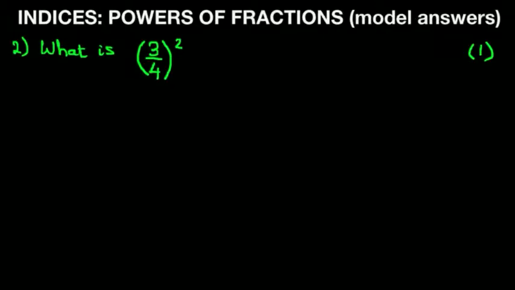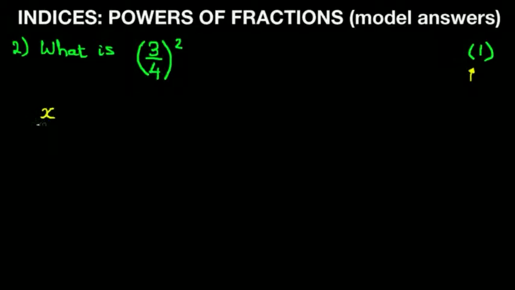Let's move on to our next question. Number 2. What is 3/4 to the power of 2? Again, the first thing to notice is that this is a 1-mark question. So again, let's write the formula out. It's good practice to write the formula for each question.